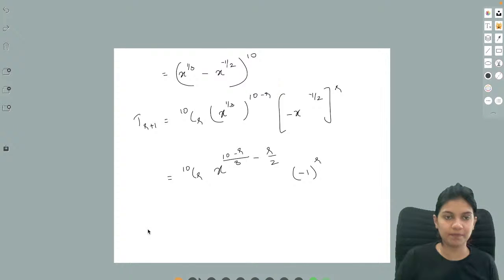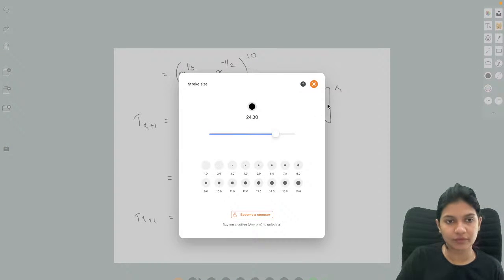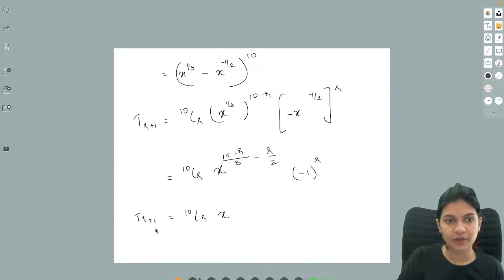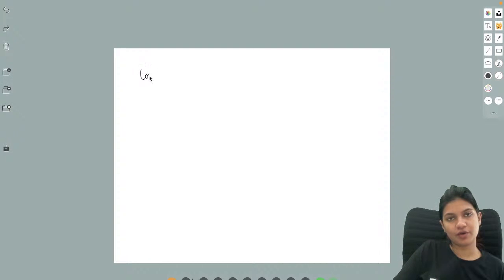Okay, perfect. Now, T(R plus 1) will be what? Finally, it will be 10CR x to the power, LCM we are taking, so it will become 20 minus 2R minus 3R, that is 20 minus 5R, upon 6, into minus 1 to the power R. Okay, the constant term will be what?